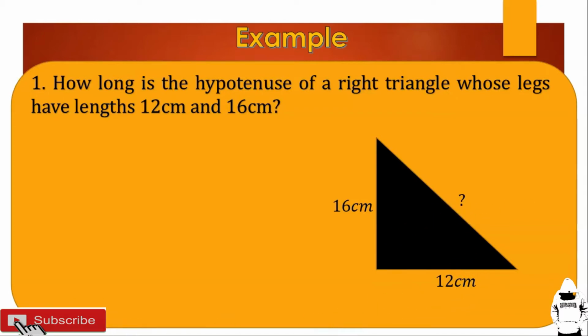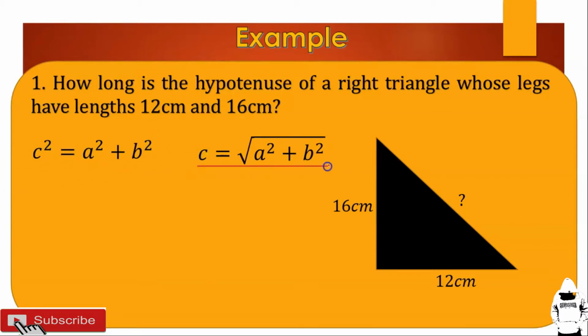Okay? So, solve natin yung problem. By using the formula, c squared is equal to a squared plus b squared, or you can use this formula, c is equal to square root of a squared plus b squared. Okay? So, by substitution, itong 16 na ito ay b.